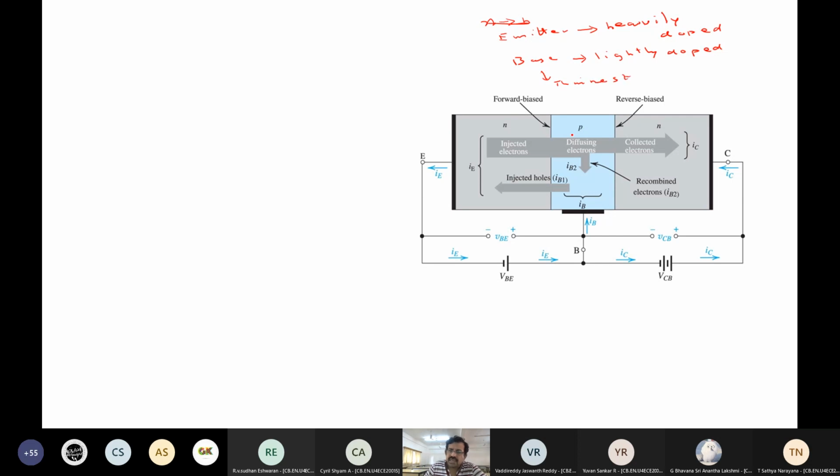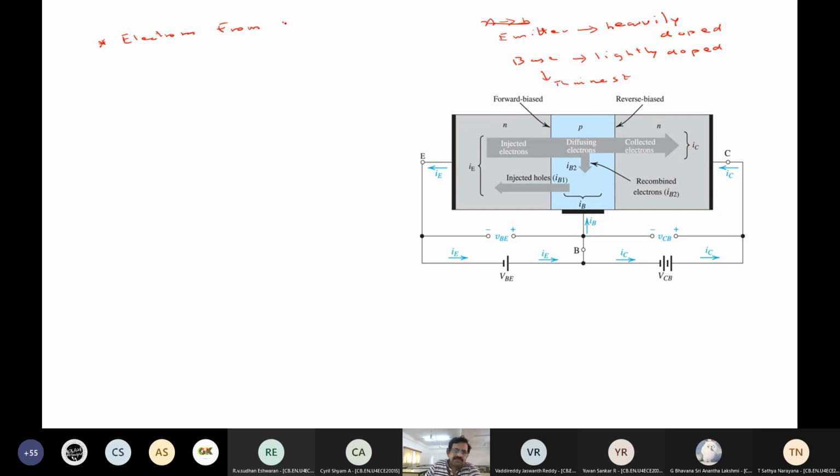Now base has majority carrier holes. So we already understood, first of all, that under the influence of forward bias, the electrons from the emitter region will recombine with the holes in the base region. I will bring the context of the heavy doping and the thinnest base region shortly.